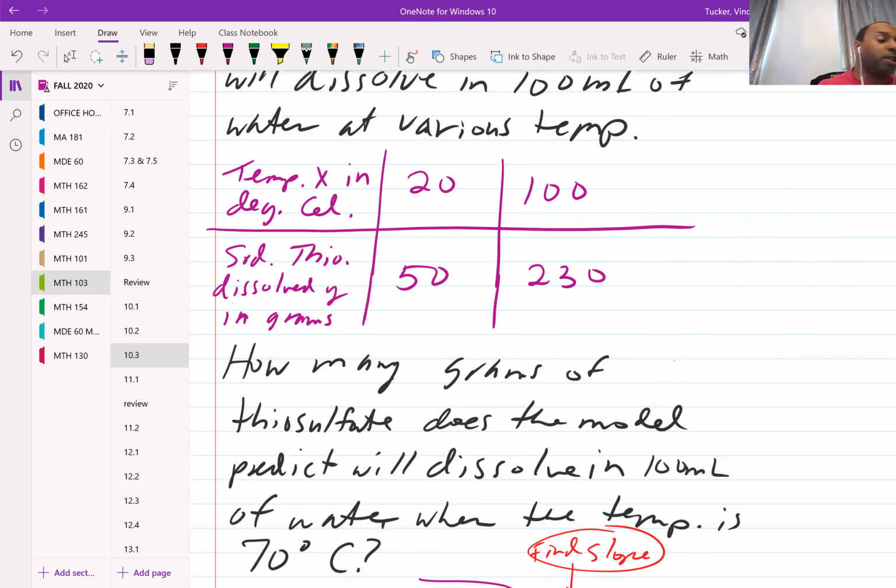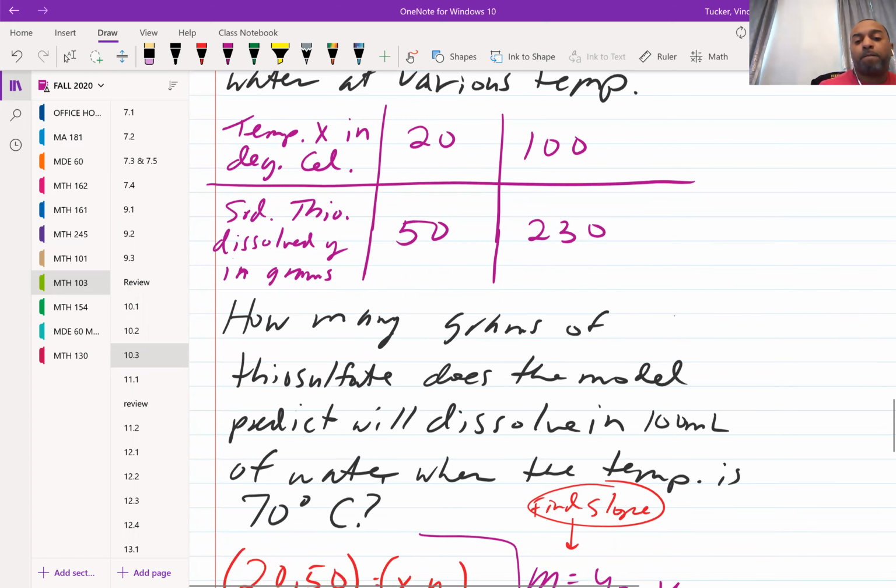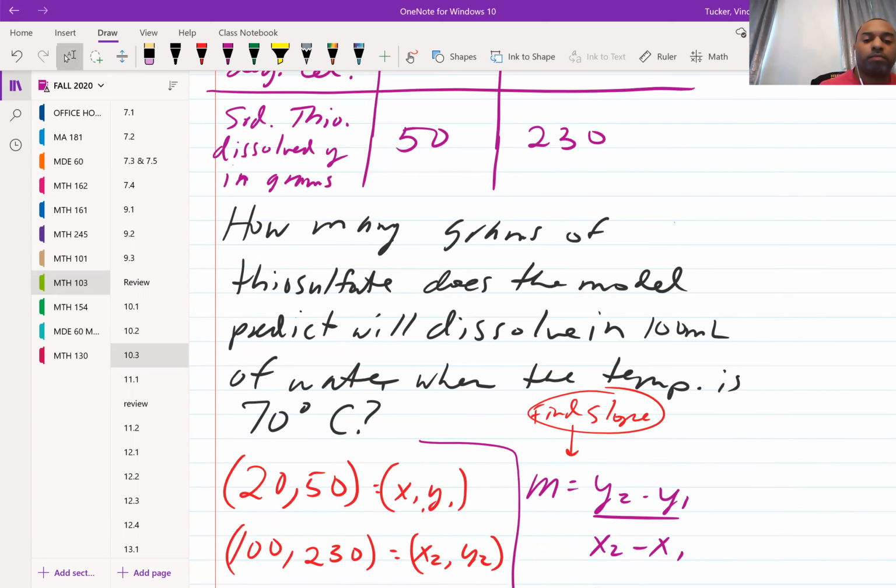Like I said, your problems will fit the same format. They gave us two points, two coordinates: 20, 50 and 100, 230. And once again, when you don't have a slope, you have to find your slope first.